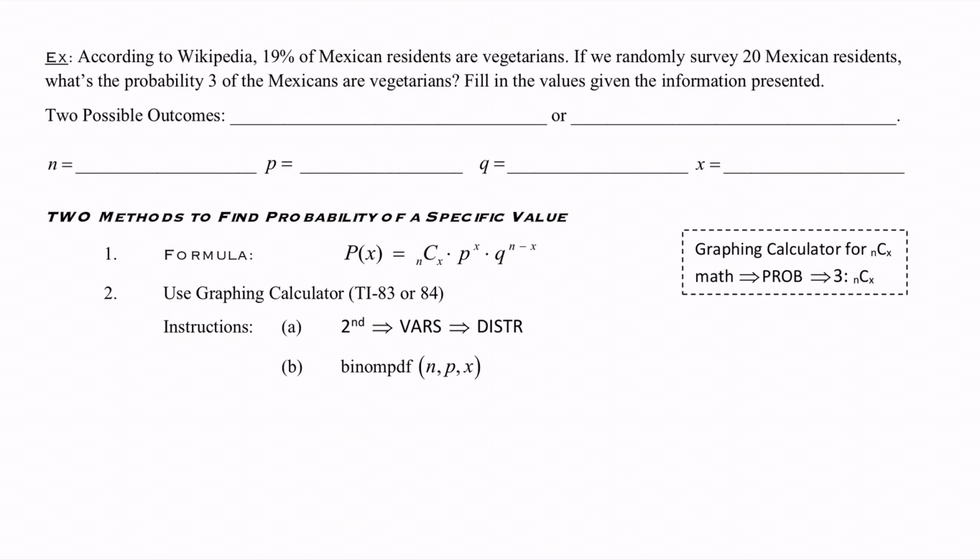And we'll look at it this way. There's two possible outcomes when we're asking these 20 people whether or not they're vegetarian. So either they're vegetarian or they're not vegetarian.